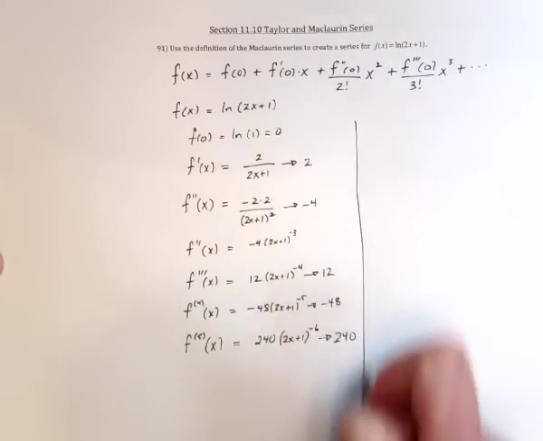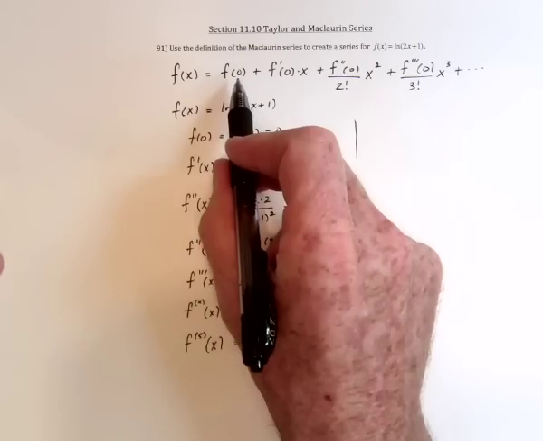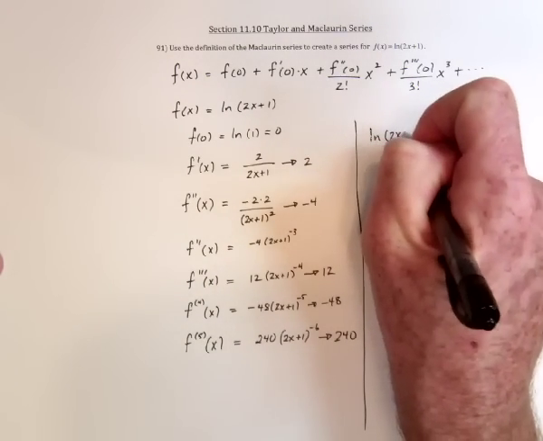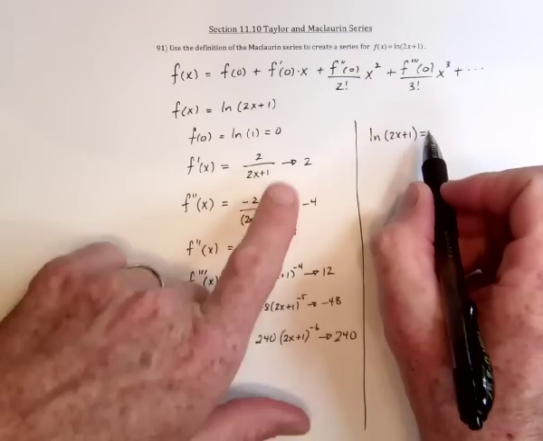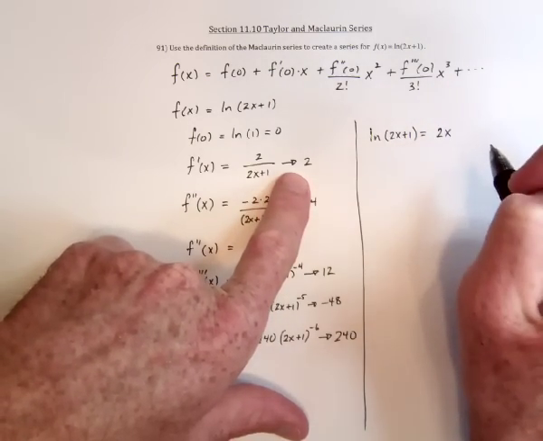Okay, so then our series is going to look like, first term is 0, so the natural log of 2x plus 1, and it's going to be a 0 for the first term, and then it's a 2 times x.